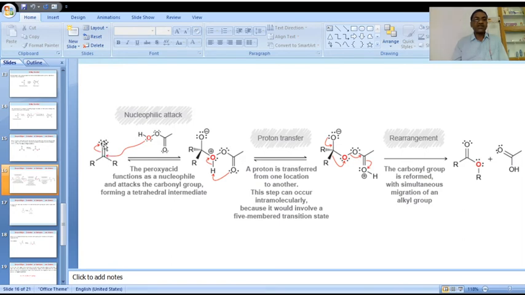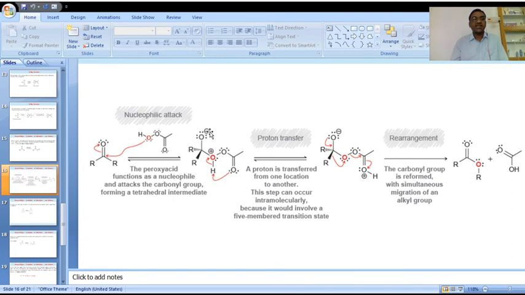Immediately the pi bond between carbon and oxygen cleaves, and the oxygen atom gets negative. After the attack of this peroxy acid, the carbonyl oxygen immediately gets negative. The peroxy acid functions as a nucleophile and attacks the carbonyl group, forming a tetrahedral intermediate.